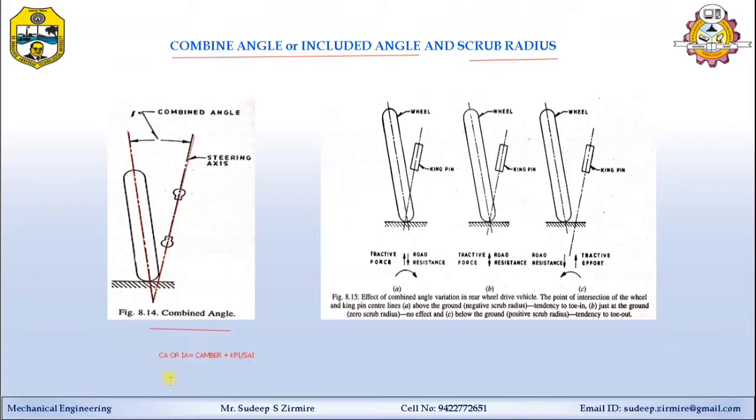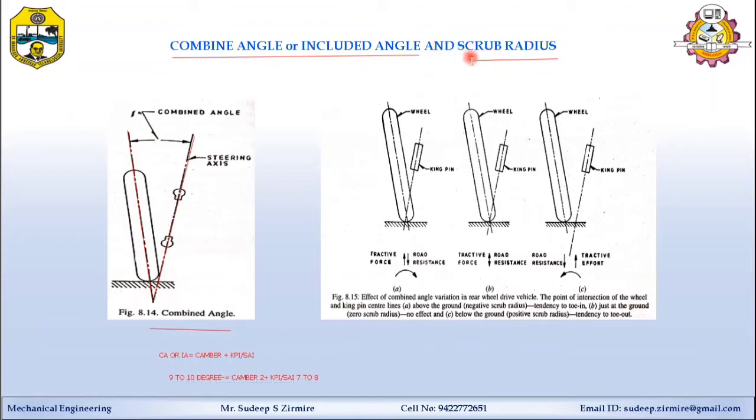So the standard value for this is 9 to 10 degrees, because camber is 2 degrees plus KPI or SAI is 7 to 8 degrees. So please note down this point. The standard value of combined angle is equal to the camber plus KPI or SAI.